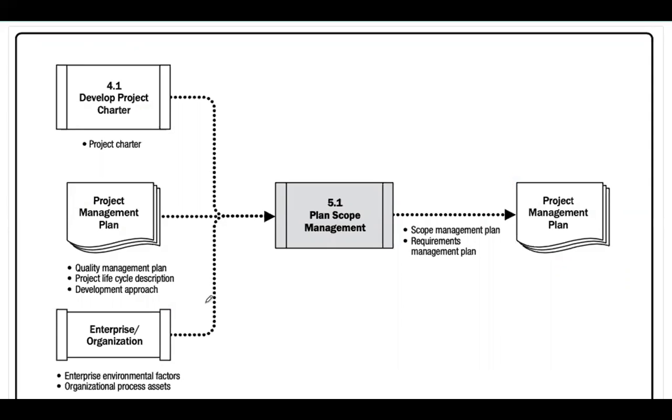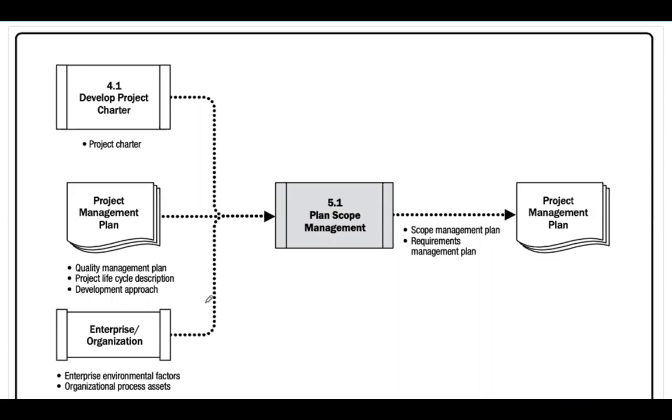The quality management plan is an input into how we're going to be validating scope, and the scope management plan should create a clear description of how the scope validation is going to be carried out. Scope validation is going to see whether what we produce in our project is doing what it should be doing. So that's where the quality management plan acts as an input, and then EEFs and OPAs, obviously.